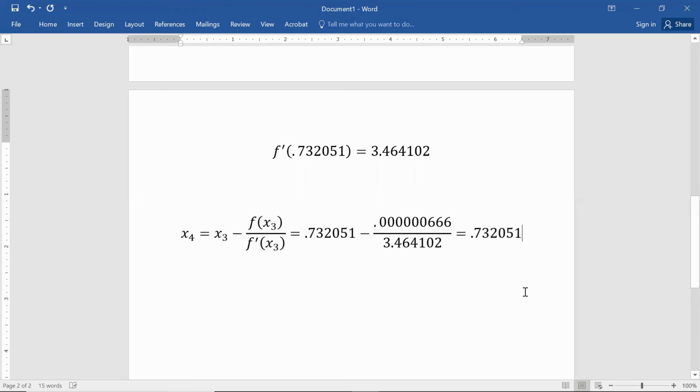But if we would have gone out to like 11 decimal places, you would have seen a difference. Okay. So just be careful about that. You can see that rounding does matter. And you can imagine that beyond this point, every iteration is going to be the same in the first 6 decimal places. So this is telling us that the first 6 decimal places are always going to look like this.